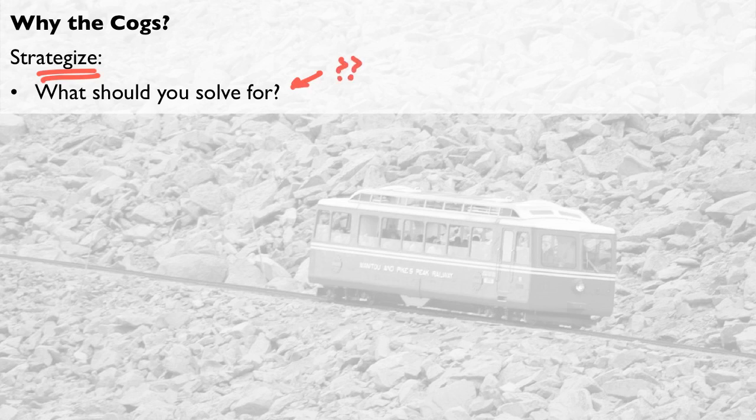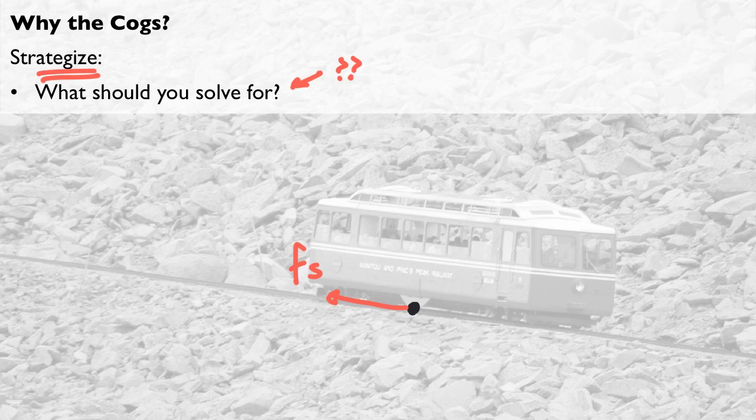Here's what I'm going to do. Let's take a look at this train car and the forces that are making it go up the track. Let's suppose there wasn't a cog, and it was just friction of steel on steel. Let's calculate what the friction force would have to be.